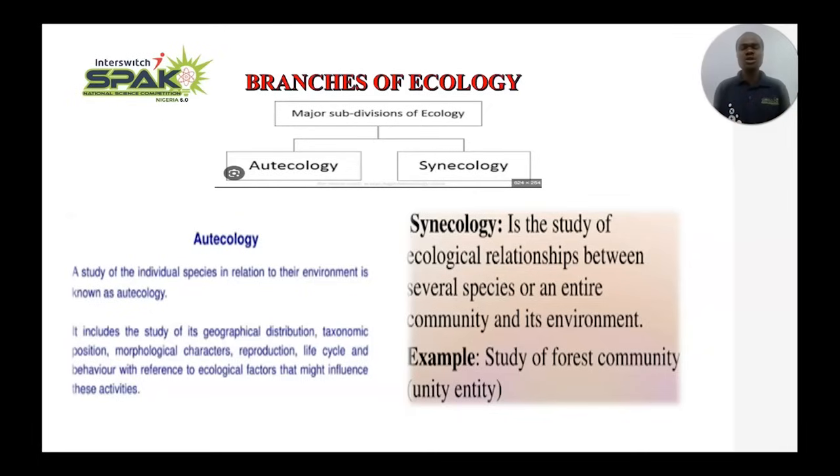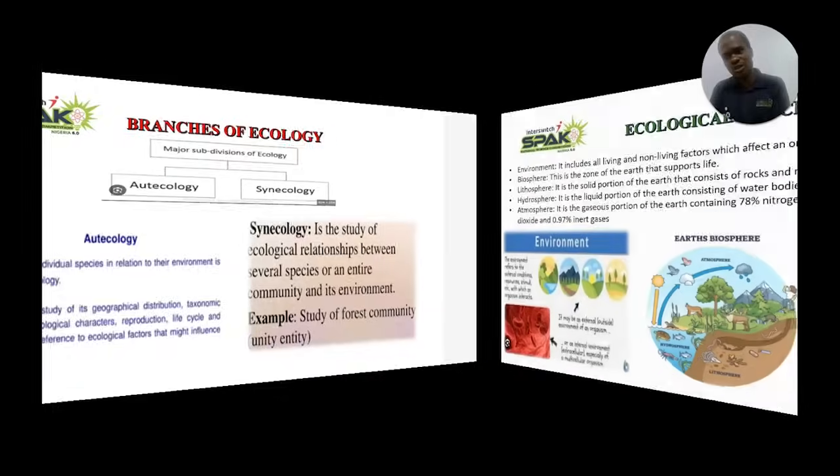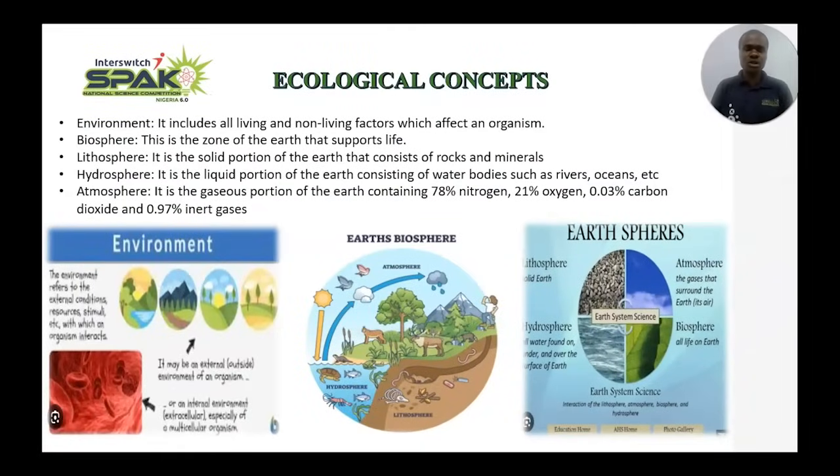Synecology is the study of the ecology of several species, or of an entire community in an environment. So autecology is the ecology of a single species, and synecology is the ecology of many species of organisms.